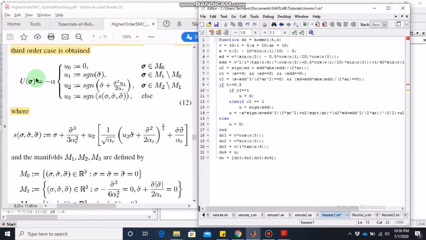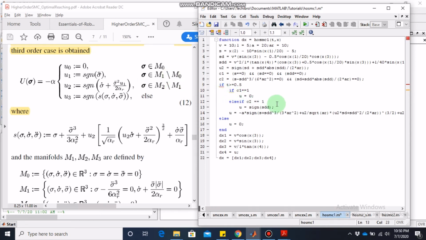Alright, so this is sine of sdd, and here you can see that if condition C1 is satisfied, then we use the control u0, which is 0, and if condition C2 is satisfied, then we use the control U1. And we have to define another condition, condition 3, which is that sigma belongs to M2 and not to M1 or M0.